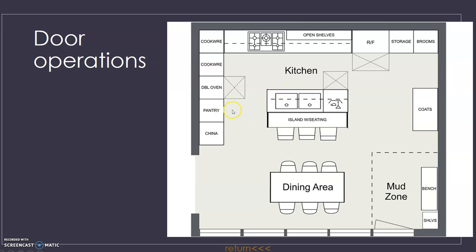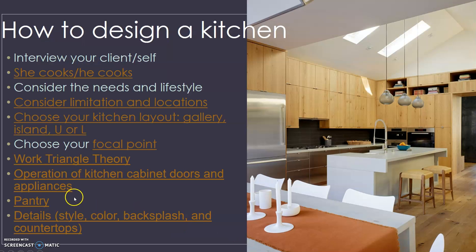So when you design, consider the minimum space that you need for the cabinet door to get opened up and let you do your work, or the sitting, if you are designing it this way. Cabinet doors and appliances are very important.